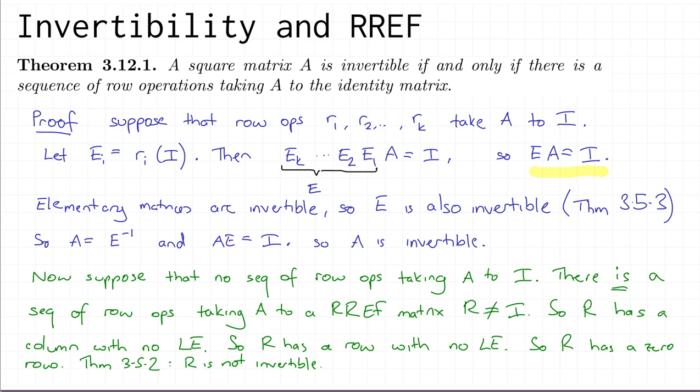Okay, so if we let E be the same matrix it was before, so the product of the elementary matrices associated to the row operations which took A to the identity, well, E times A is equal to R. So E is an invertible matrix, for the same reason that we saw before, so it can't be that A was invertible, because if A was invertible, then the product E times A would be invertible.